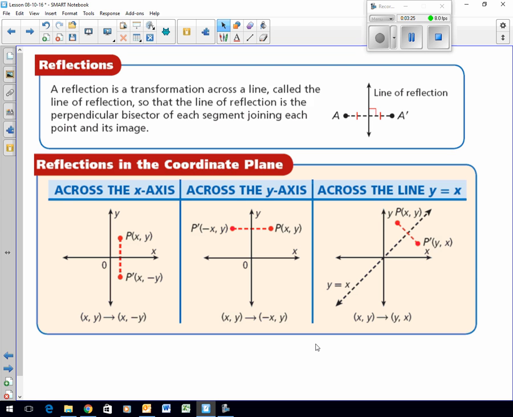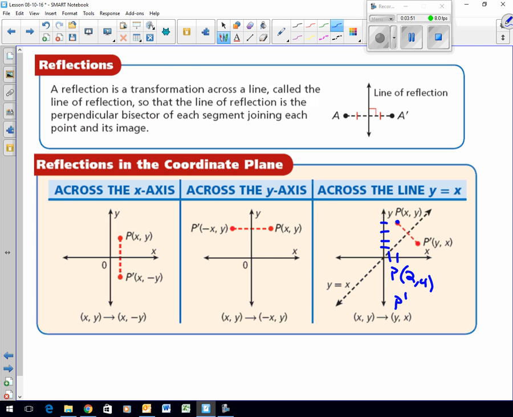If I reflect across the line y equals x, I got to take my original x, y points and switch them. So check this out. I gave this some coordinate points here. Let's go with 2, 4. That's where P is.